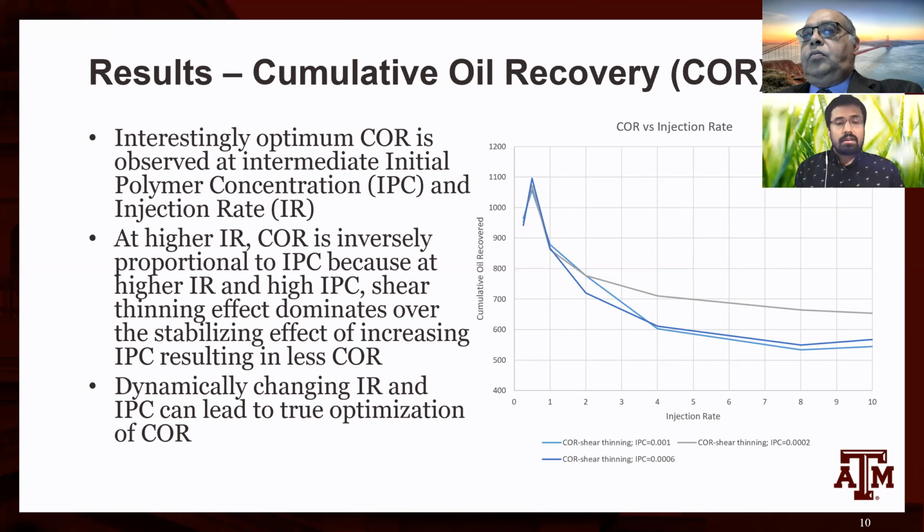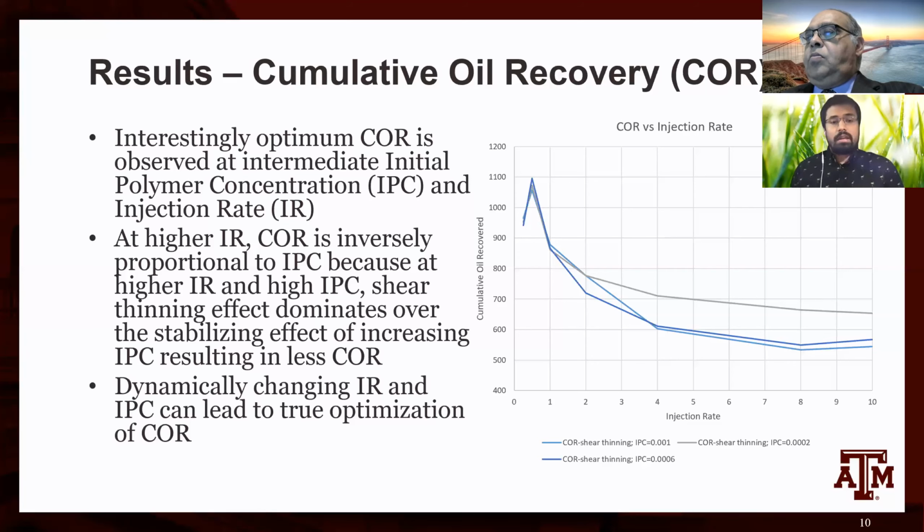This effect is mainly due to the competing effects of the shear thinning effect and the stabilizing effect of the increasing IPC, which results in the lower COR. Another important aspect of this project will be to look into how dynamically changing injection rate and dynamically changing IPC will result in another optimization problem for the cumulative oil recovered.